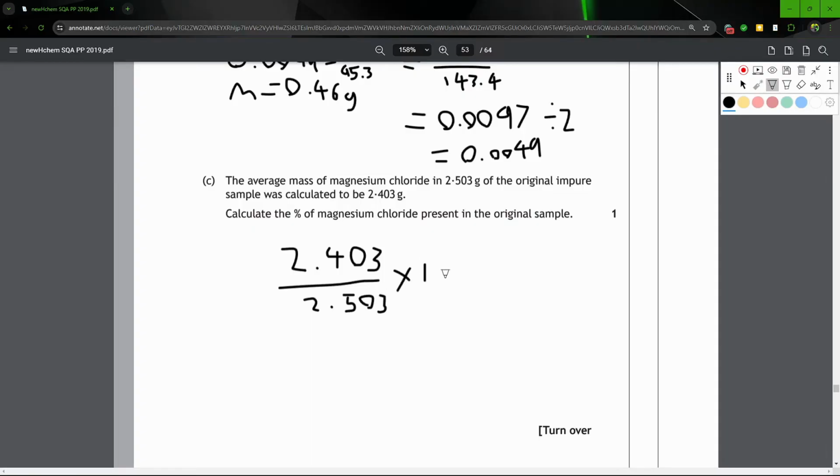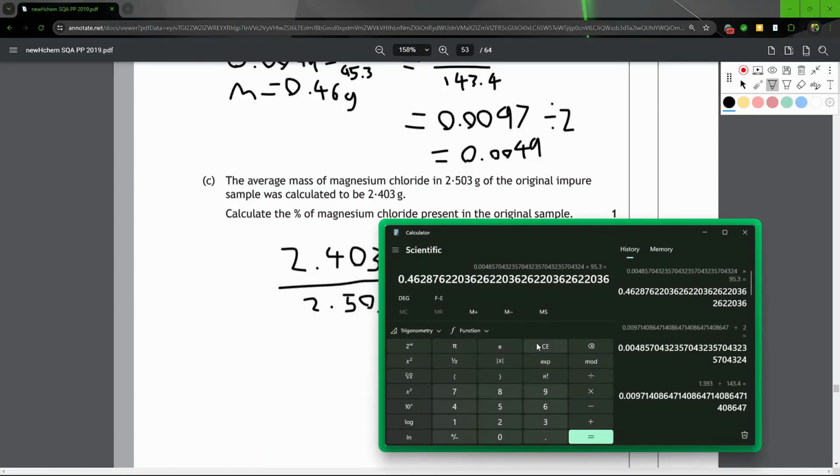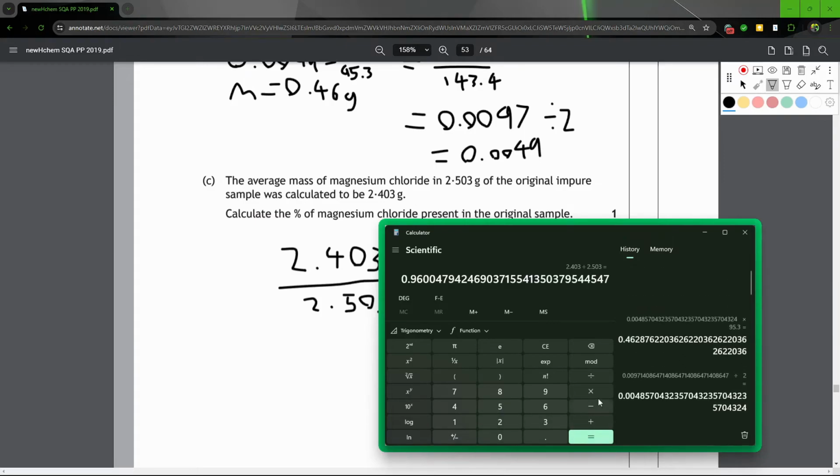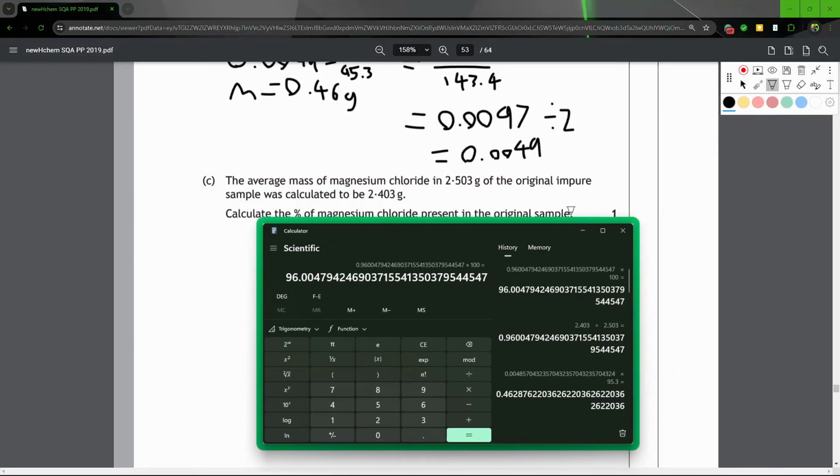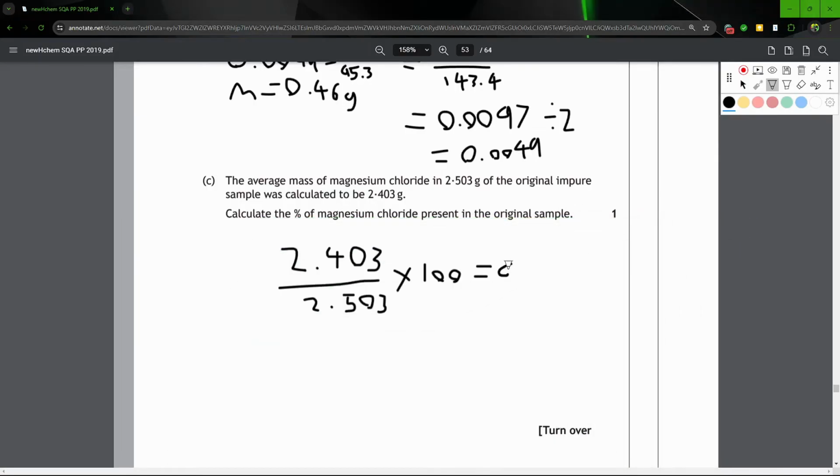And see what we get. And we get 96 pretty much on the dot. Perfect.